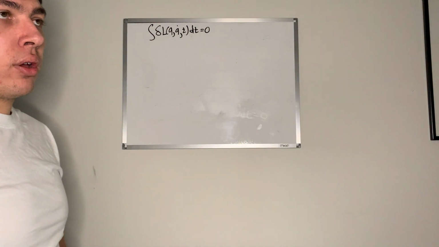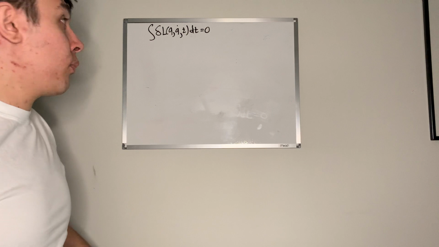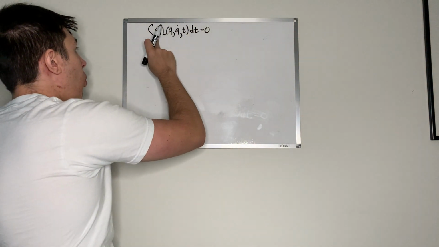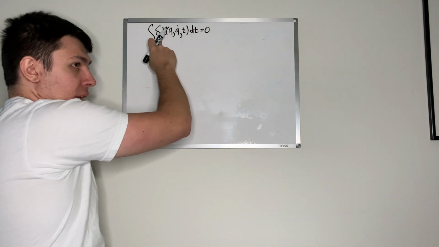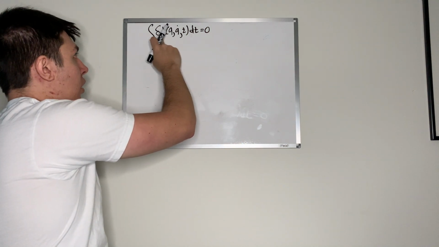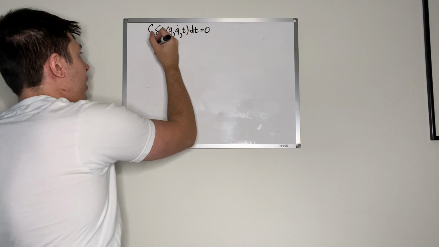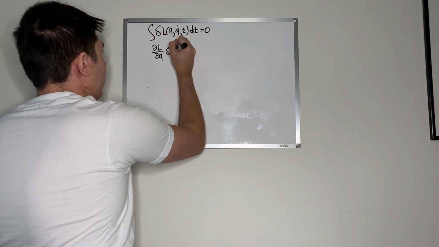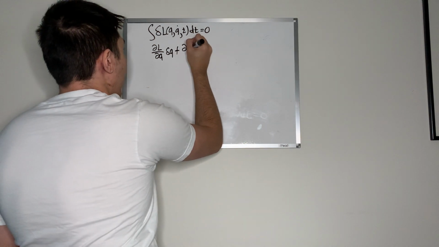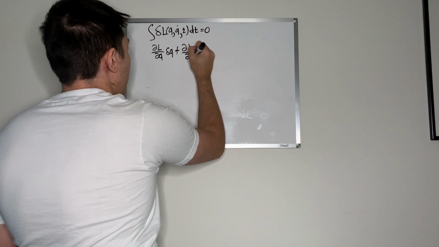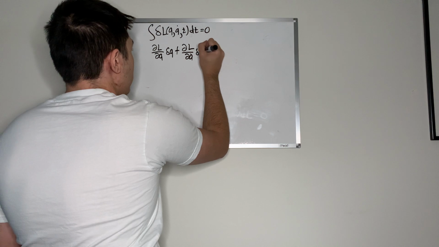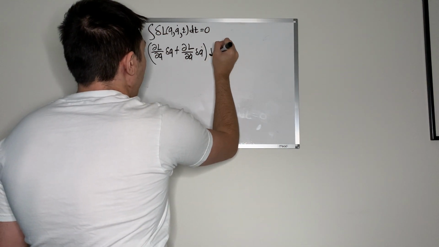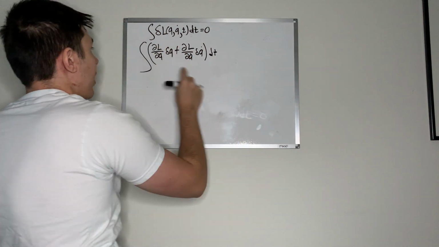So let's do a chain rule, right? So the first thing we're going to do is a chain rule. Instead of writing d at the end, I'm just going to write it as delta whatever. So the first one is going to be partial L, partial q, delta q, plus partial L, partial q dot, delta q dot, all being integrated with respect to t.